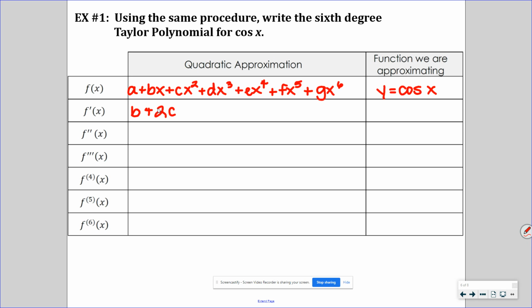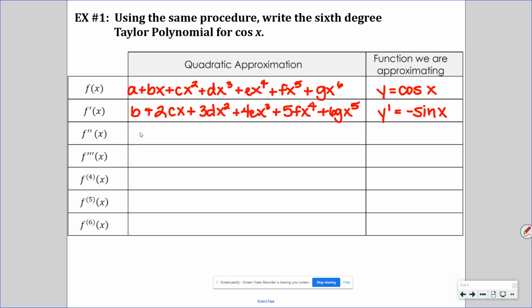So a little bit of a change here. All right, I think I got all that. First derivative of cosine is negative sine, so there we go.